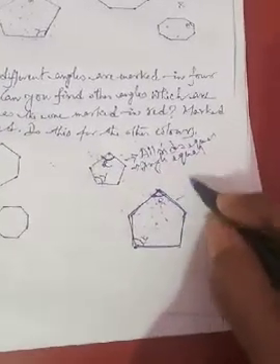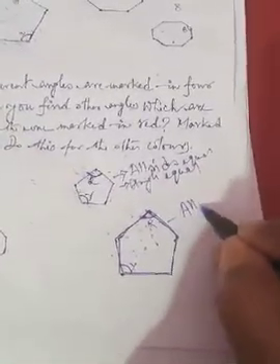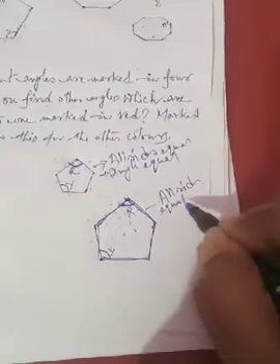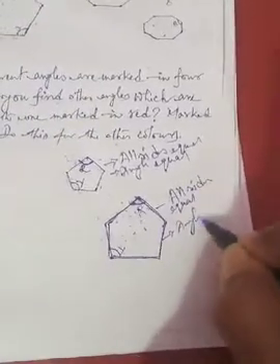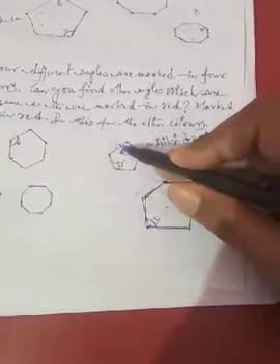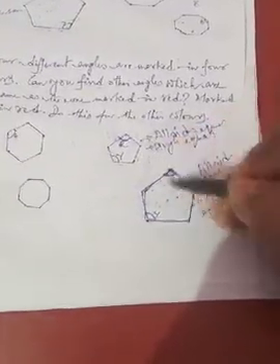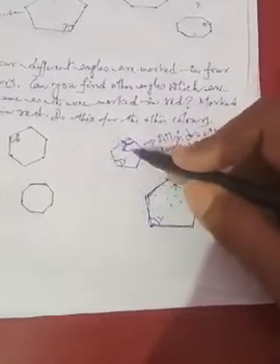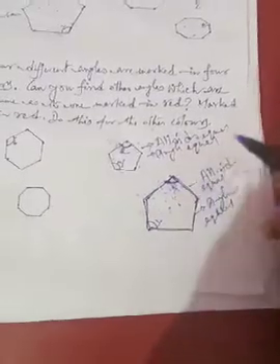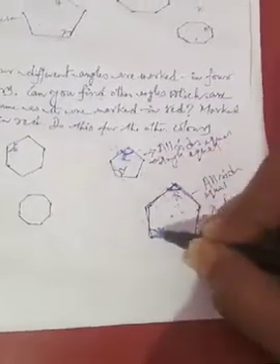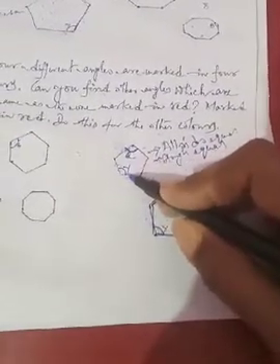Similarly, if all sides are equal, then angles are equal. So we can write R angle, because these two angles look the same, sides are equal in this diagram, sides are equal in this diagram. If sides are equal, then angles are equal. So this angle matches this angle and we mark it as red. This Y angle is matched.